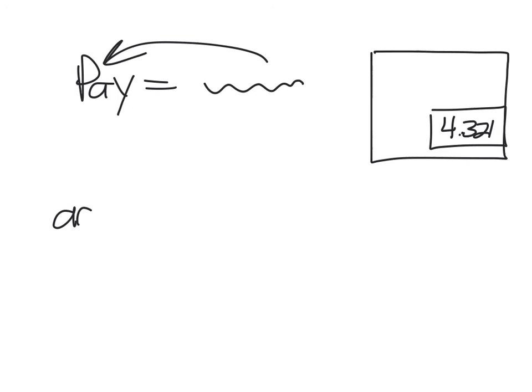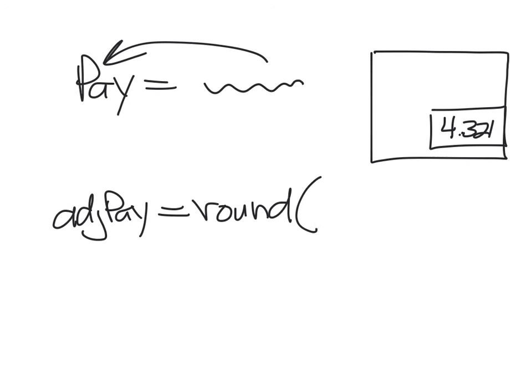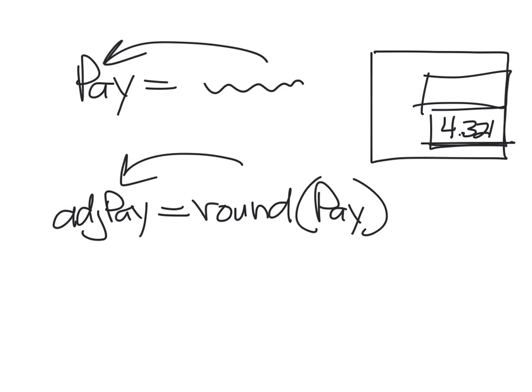I'll just say adjusted pay would equal, if I round pay, then it would take that number and round it and store it in adjusted pay. In this case, then it would be 4. Okay? So just as an example. Alright, and that is it for today.